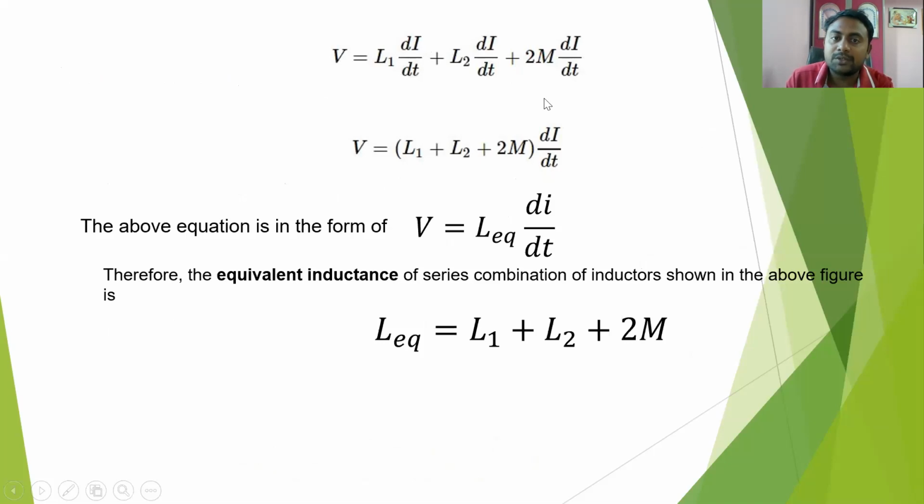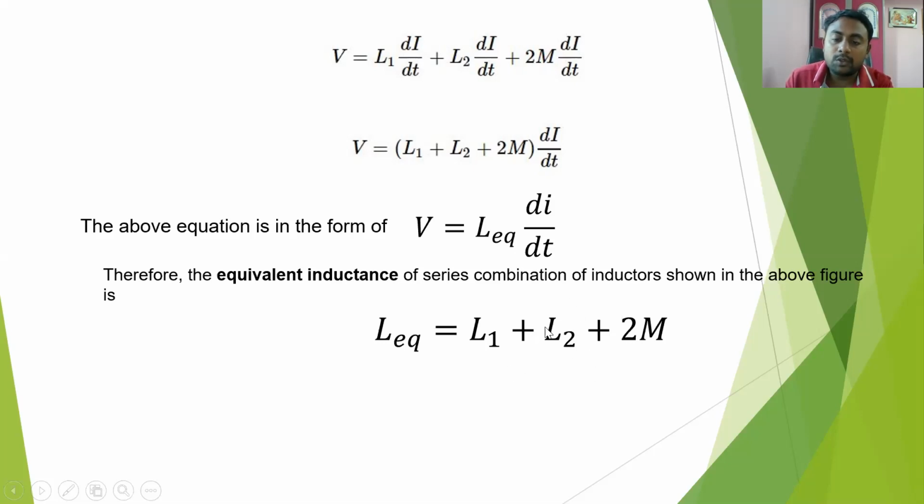If I move everything to the opposite side, we get L1 di by dt plus L2 di by dt plus 2M di by dt. Taking di by dt common, the first term is L1, the second term L2, the third term 2M. Comparing this equation with L equivalent di by dt, we get L equivalent as L1 plus L2 plus 2M.